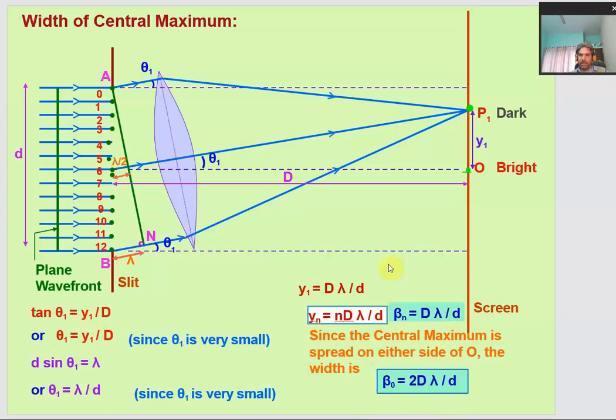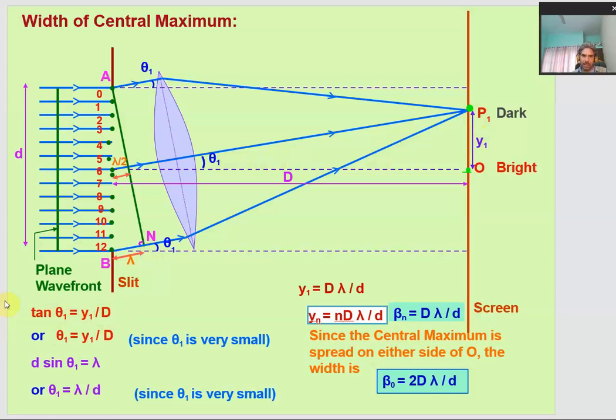For that, we take the point P1, the position of the bright fringe, for which the angle is theta 1 dash. So it will be tan theta 1 dash, which will be given by y1 dash divided by capital D. Everything is the same, only the situation is different: if point P is the position of the bright fringe, then the expression will be in terms of dashes, just as we discussed in our previous expression.